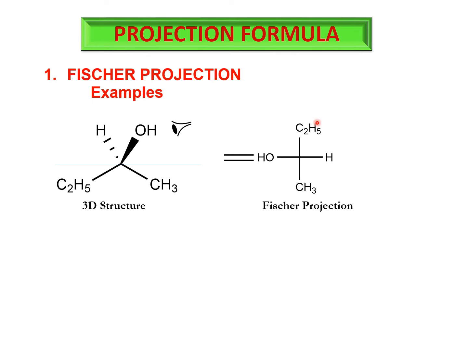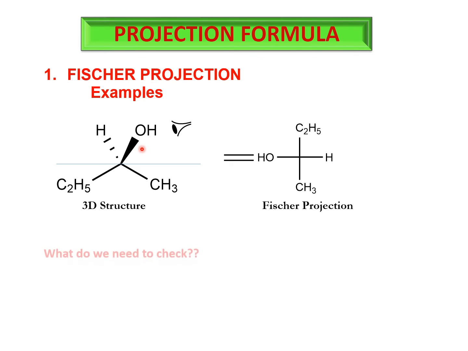So in this case again, CH3 and C2H5 are on the vertical axis, means they are behind the plane, and they were away from you here as well. And OH and H are on the horizontal axis, means they are above the plane or closer to the viewer, and they were closer to the viewer even in the 3D structure. So you have to ask yourself those two questions again.